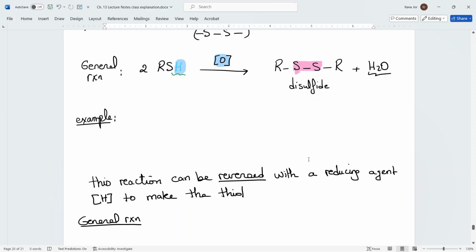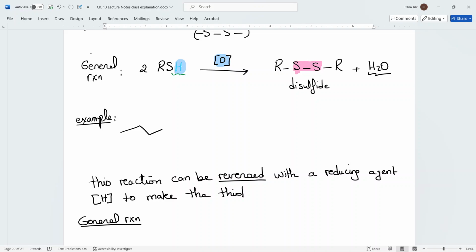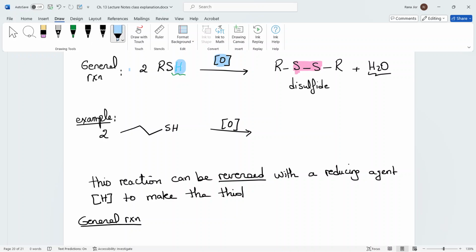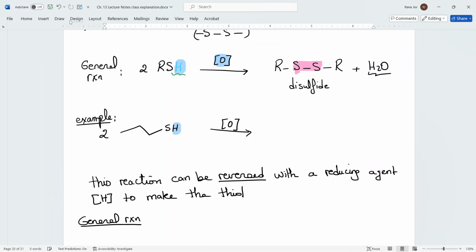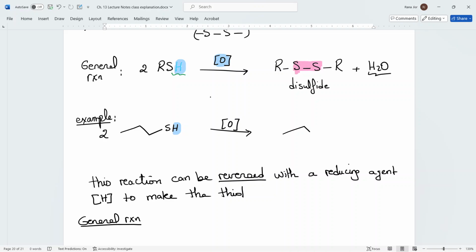Let's have an example on this one. If we start with an ethyl thiol, again we need to start with 2 molecules of this. We can go ahead and do the oxidation. All you need to do is simply remove this hydrogen and combine the 2 thiols together without the hydrogen in order to make the SS bond.